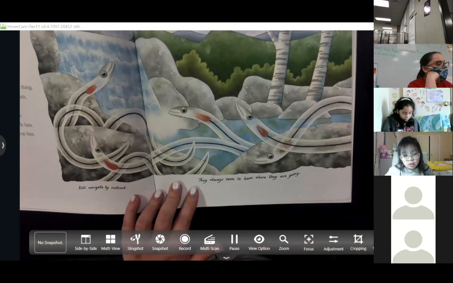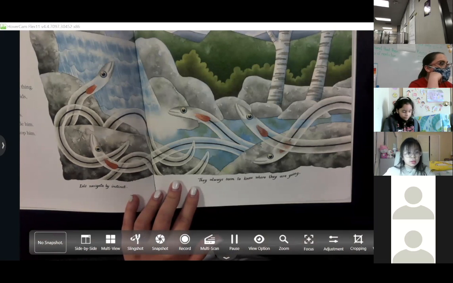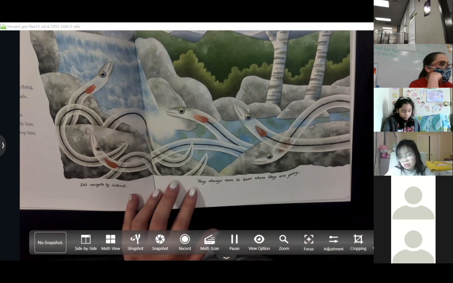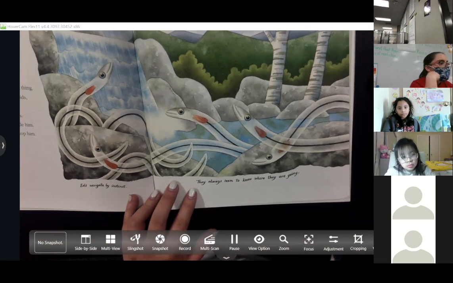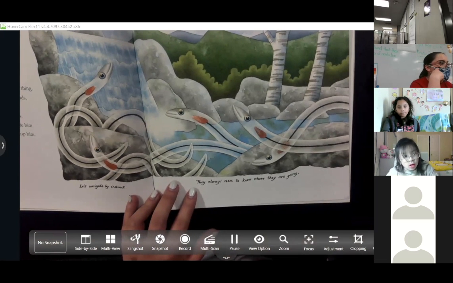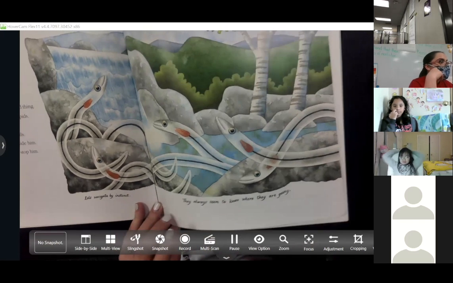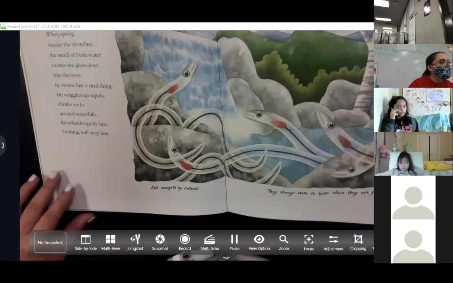Well, how do they know where they're going? Oscar? Their eyes? Well, but your eyes don't know where you're going. Your eyes just see where you're going. Damari? They remember? Okay. Nathan?